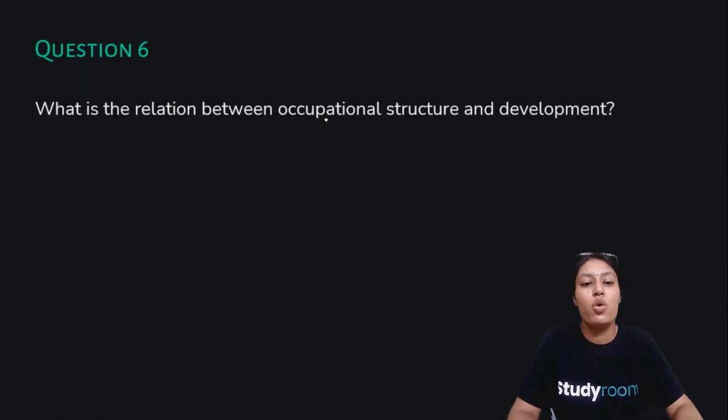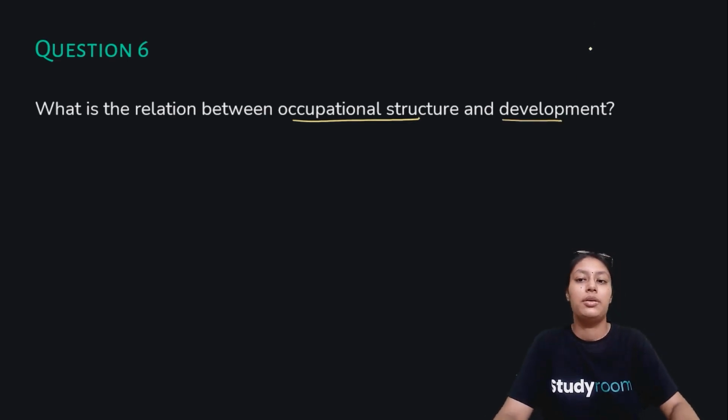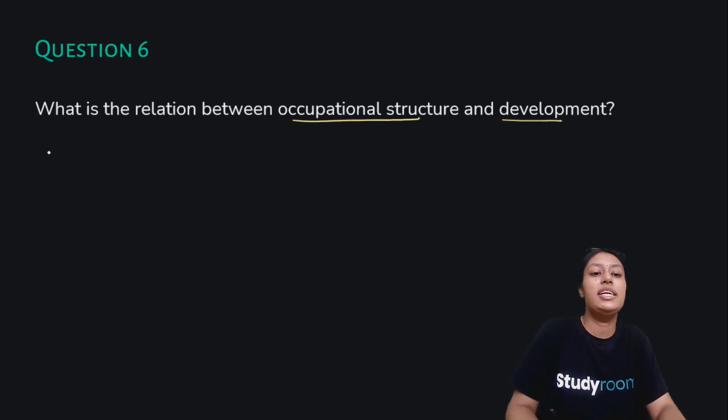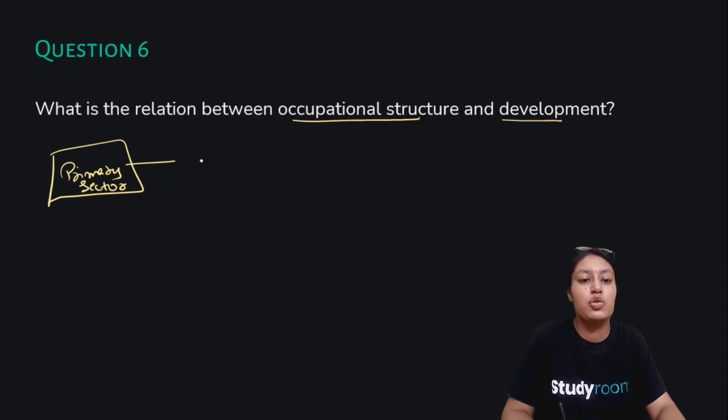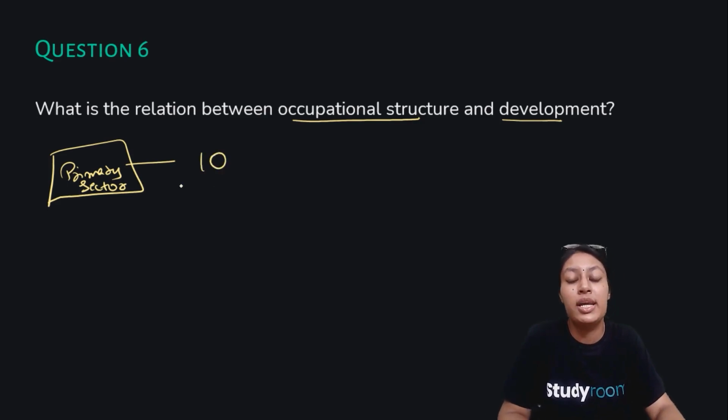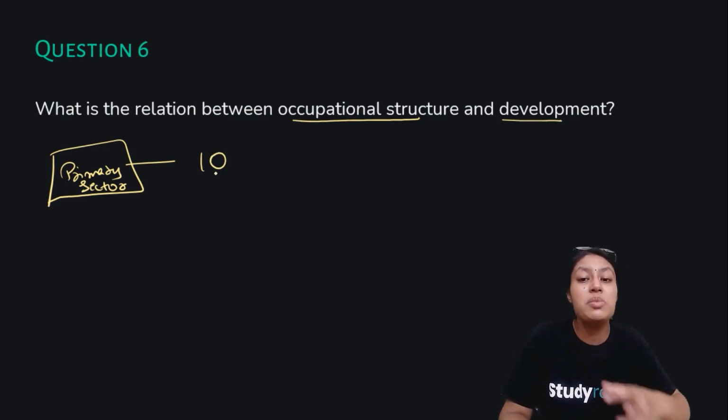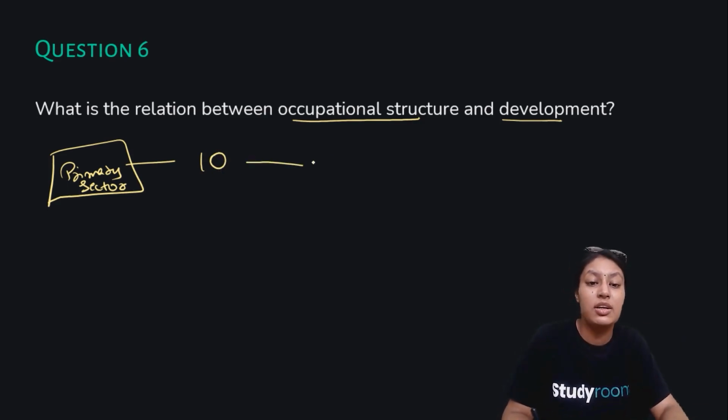Next question is, what is the relationship between occupational structure and development? Yes, you can say there is a very direct connection between occupational structure and development. Let's understand how. For example, if there are more people working in the primary sector, which involves agriculture, the rate of development will be low.